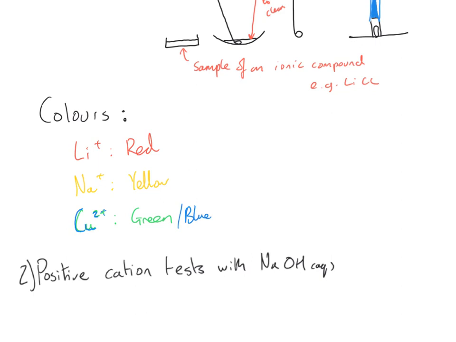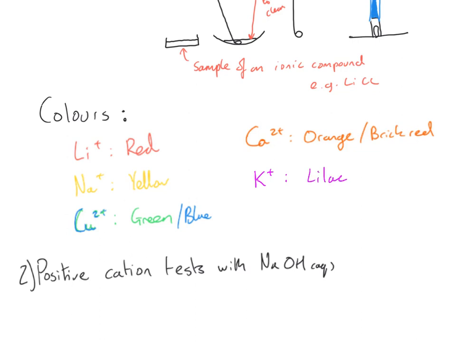The others that you need to know is calcium. Now, calcium, as we say, is an orange, or in older textbooks, you'll see it as a brick red. And the final one is potassium, and that gives you a lilac flame.